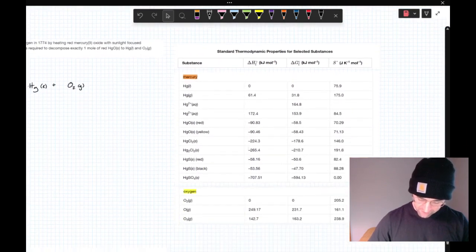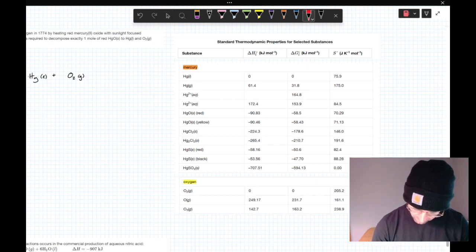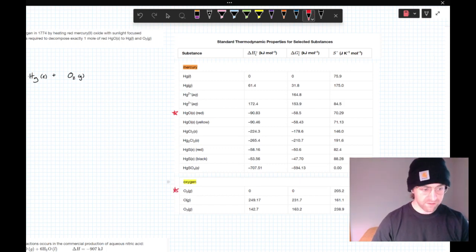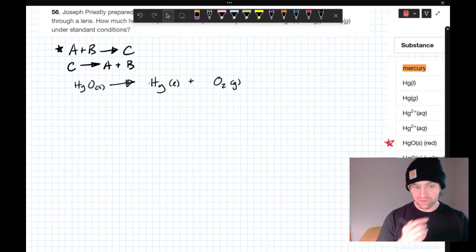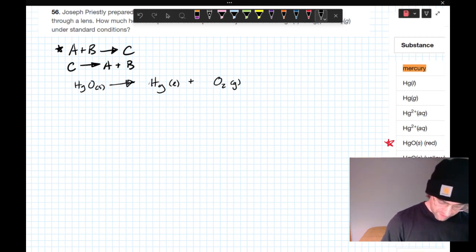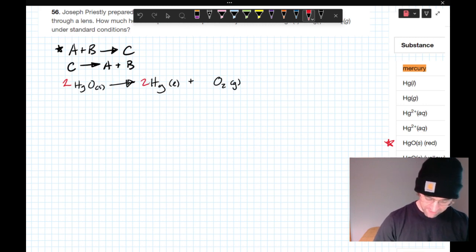We refer to our tabulated values for mercury and oxygen, making sure we're looking at the right one: red mercury oxide and gaseous oxygen. So far, so good. Pull those values over. It's important that we also balance this equation, usually. And to do that, because we have two oxygens on the right, we would normally want to throw a 2 over on the left and here.